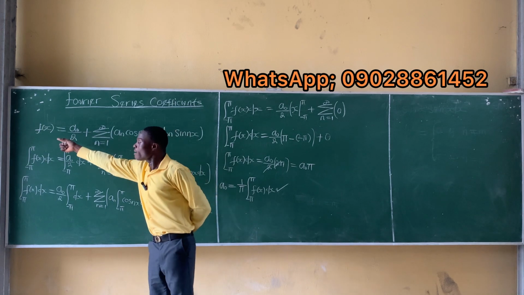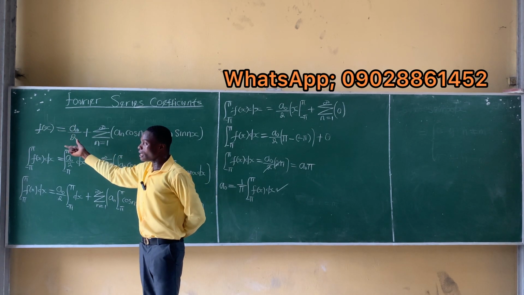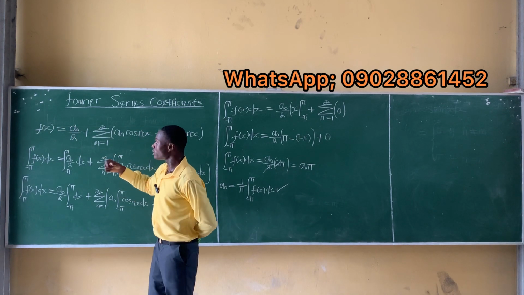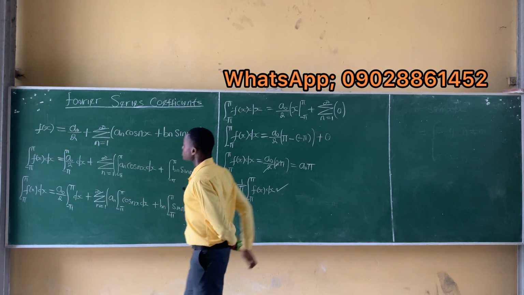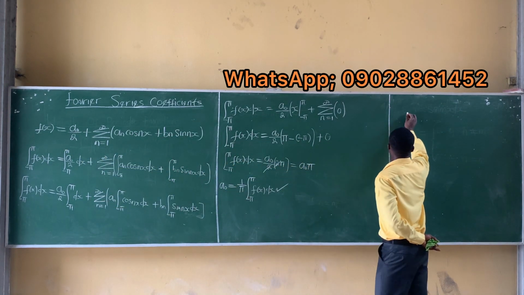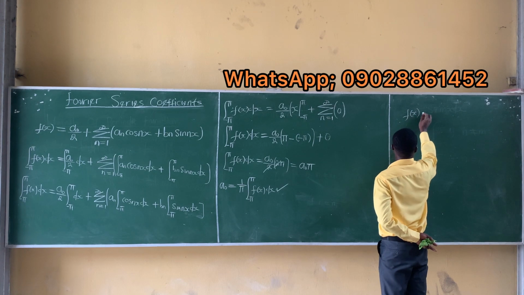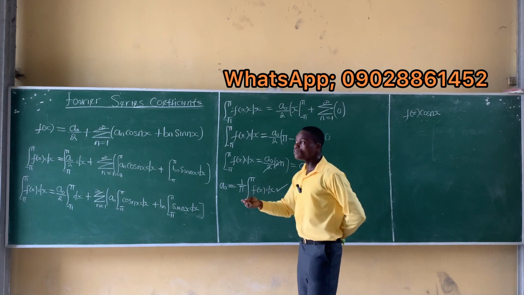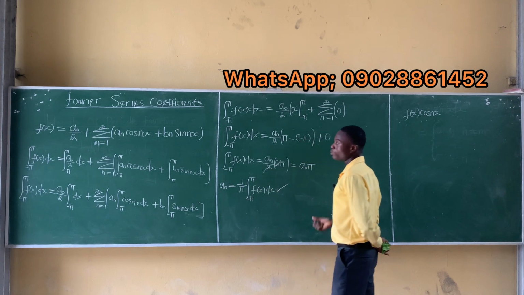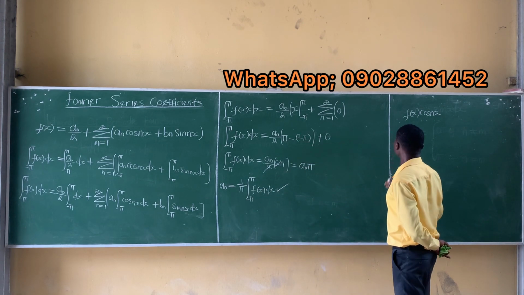The first one is cos nx. So if we multiply f of x with cos nx, we have f of x cos nx, and then we integrate from minus pi to pi, over a single period.